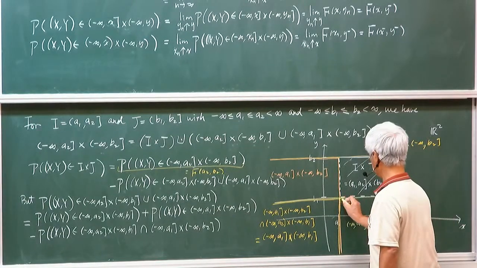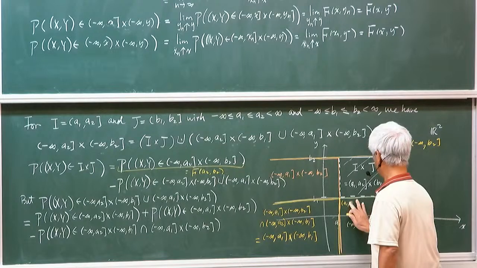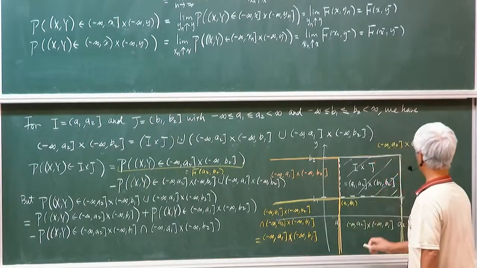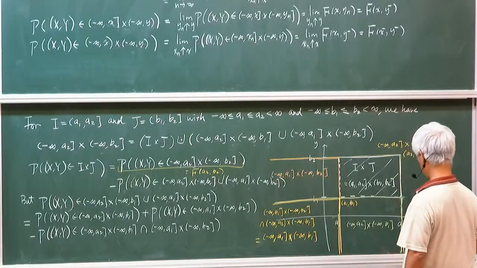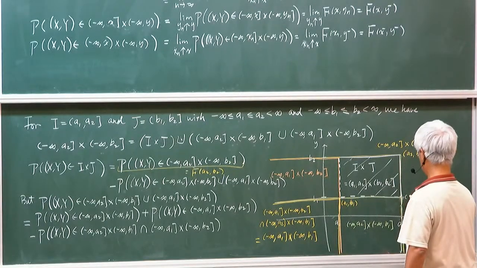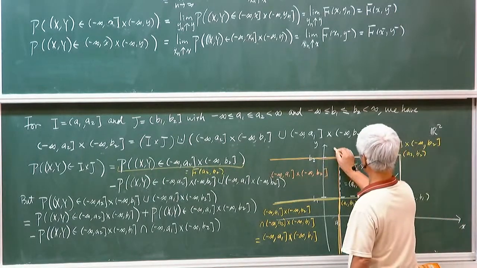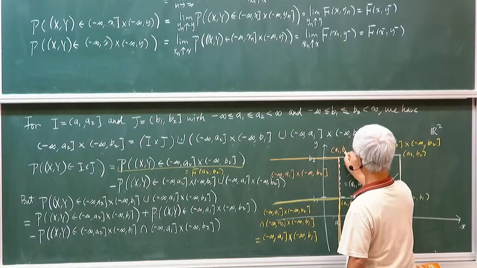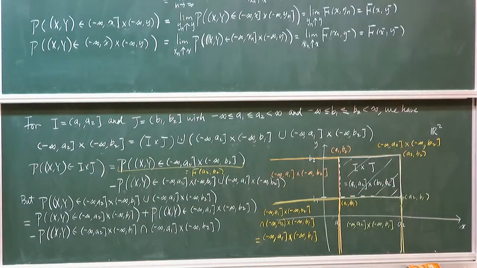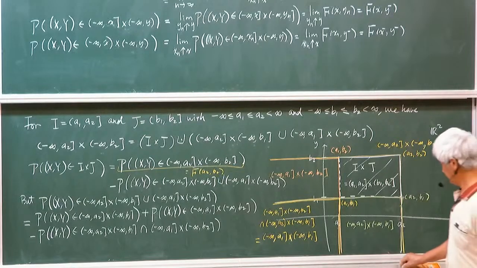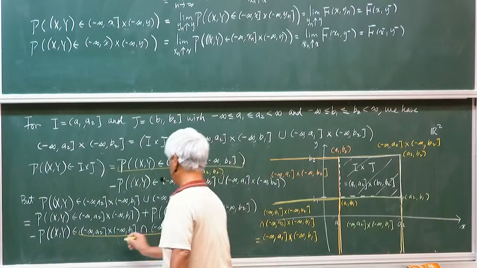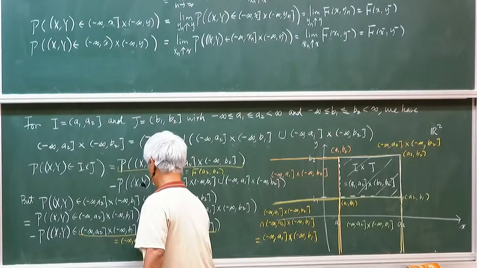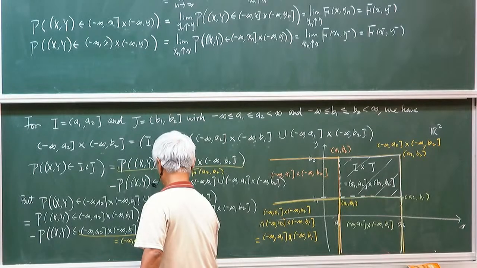And because the points here are A1, B1 here. Okay. This point is A2, B2. And this point is A2, B1. And this point is A1, B2. Okay. So this one is equal to minus infinity to A1, Cartesian product with minus infinity to B1.